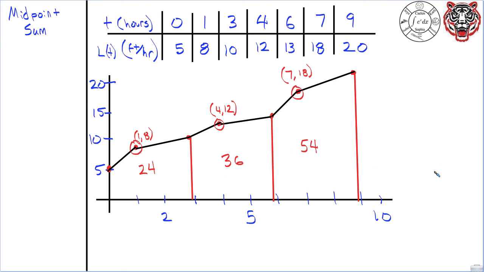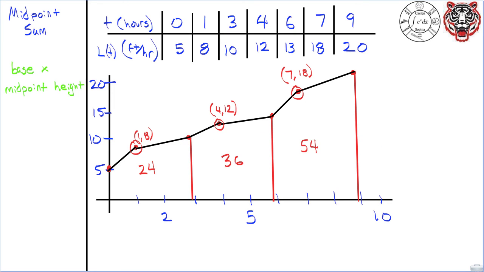And we can make a note here off to the side. It's going to be base times midpoint height. And it is just going to have 3 points. If you have a ton of numbers, you're just going to go 3 points for every interval and then keep the same pattern.